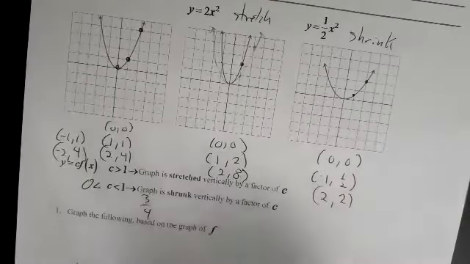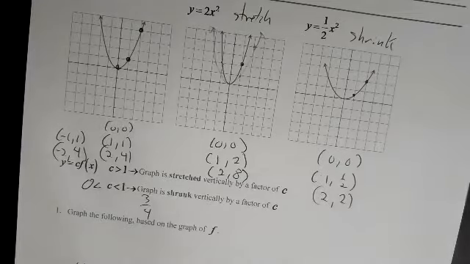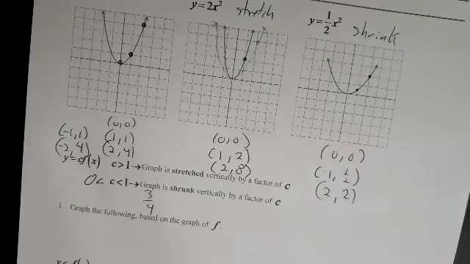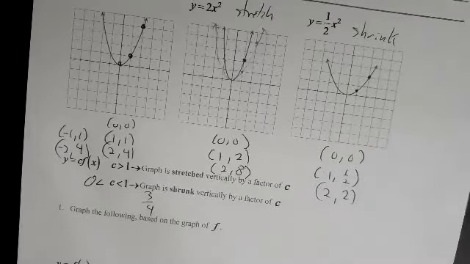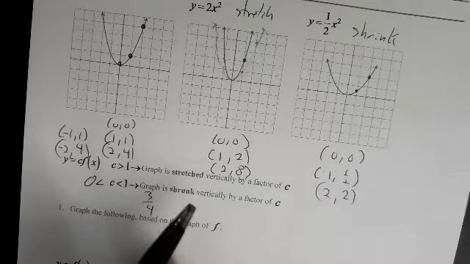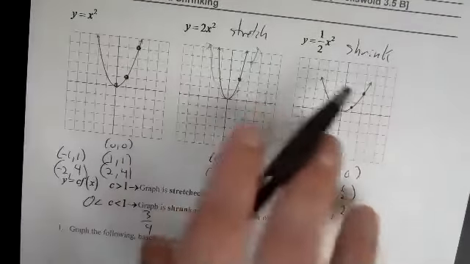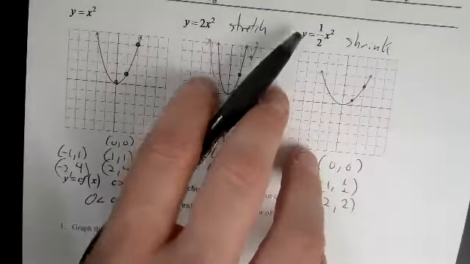If we multiply by a number less than 1, it is some sort of fraction, so it is going to end up getting smaller. So this is going to shrink it vertically by a factor of c, is what we also say. So a little bit with the vocabulary here: we can say this is stretched by a factor of 2. This is shrunk by a factor of 1/2.